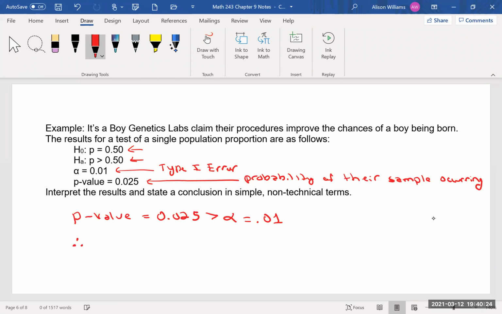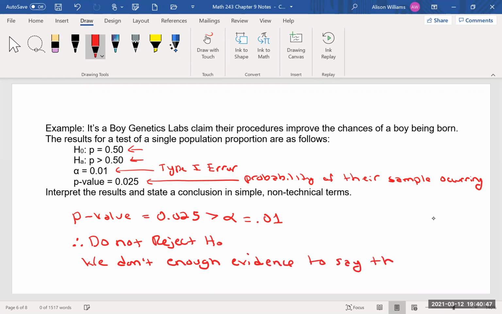I'm going to use these 3 little dots to mean therefore. That's the scientific notation of therefore. So do not reject the null. What that means is we don't have enough evidence to say that the lab improves the chances of a boy being born.